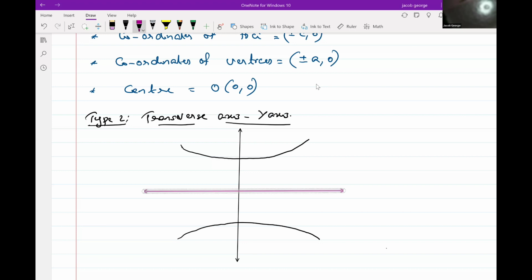Okay, so here we write this y-axis as the transverse axis, the axis in which the hyperbola belongs to. This is the transverse axis, and then the conjugate axis.